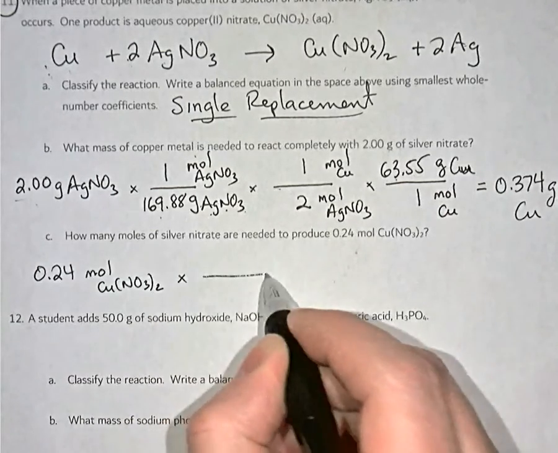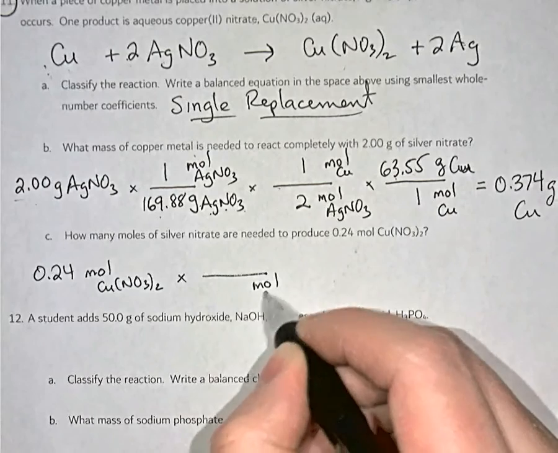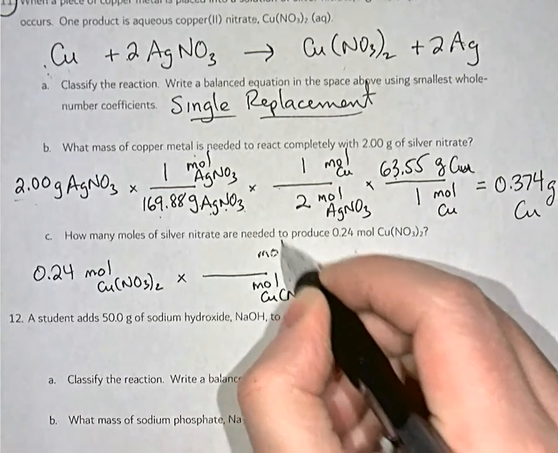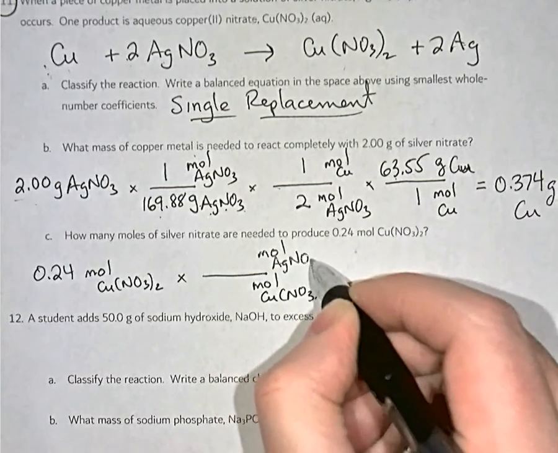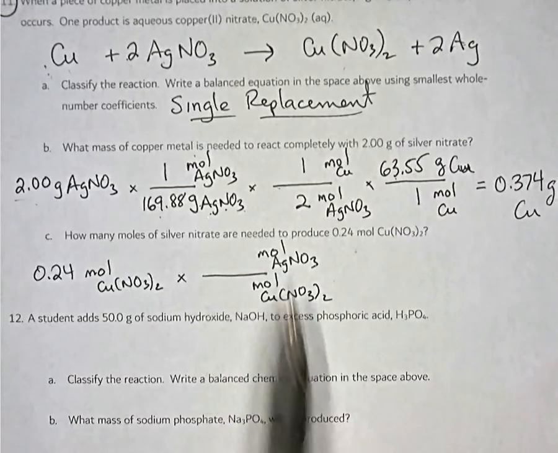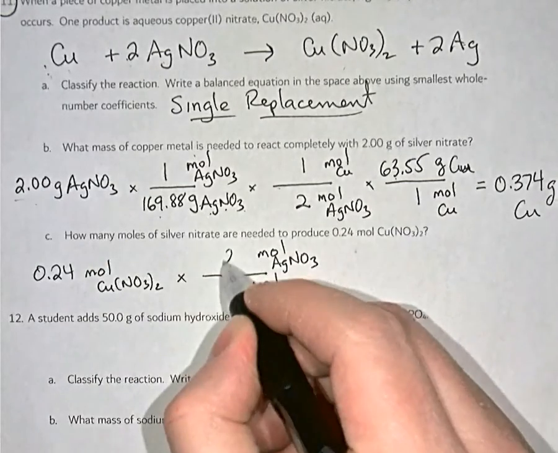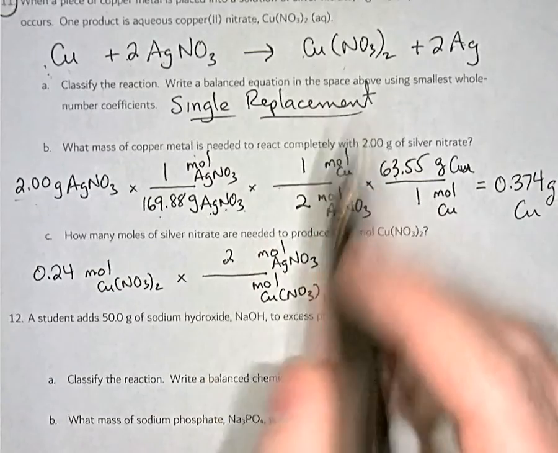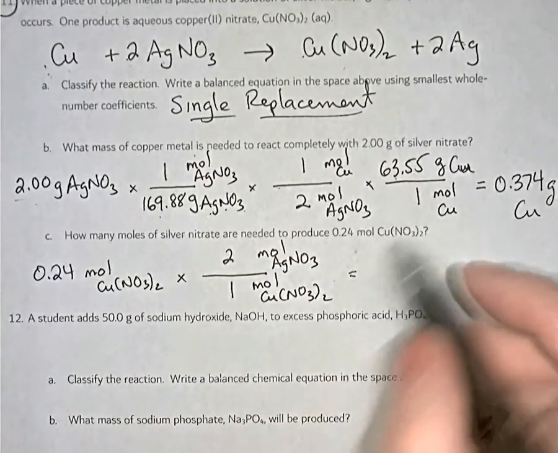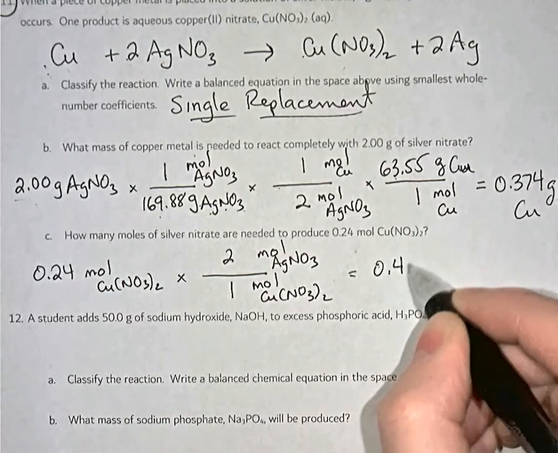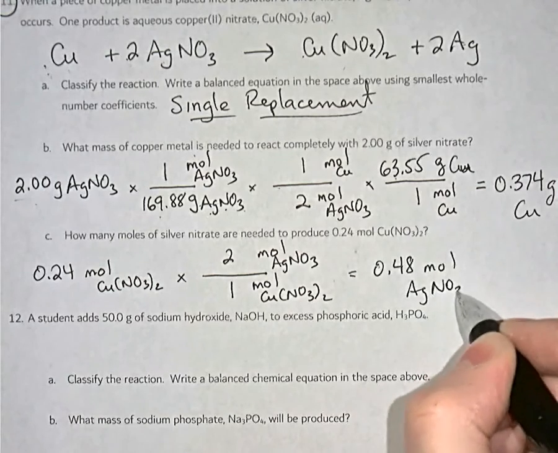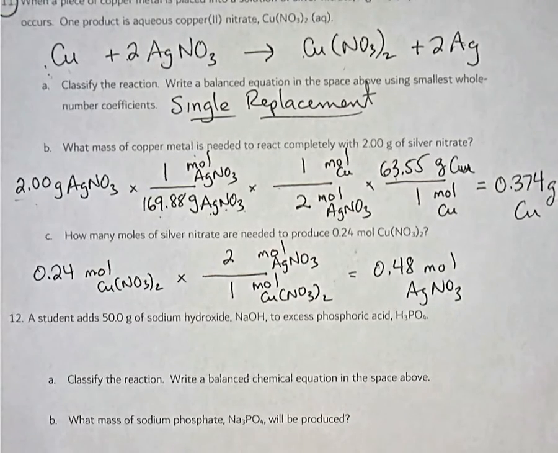So I'm going to use 1 unit multiplier, and I'll convert the moles of copper nitrate into moles of silver nitrate. We can do that because we have the balanced equation up at the top. 2 moles of silver nitrate would produce 1 mole of copper nitrate. So 0.24 times 2, we're going to have 0.48 moles of silver nitrate needed to make 0.24 moles of copper nitrate.